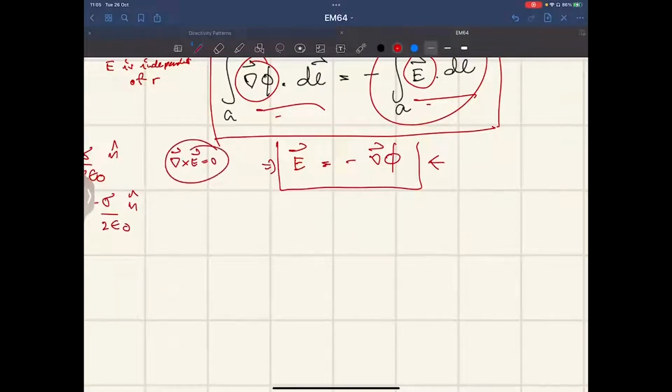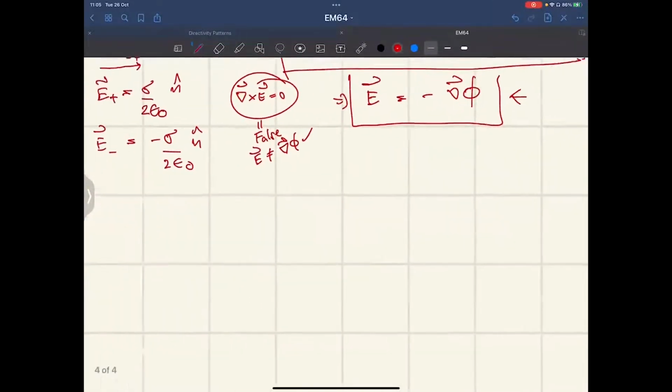If this thing is not true, if it's false, E not equal to, okay, it must be true, so that E will be equal to the gradient of the potential function. Okay. Any question? No questions. Okay.